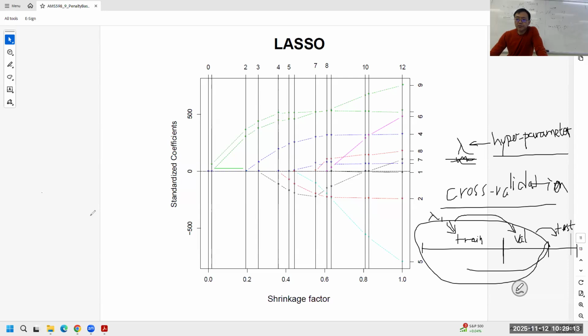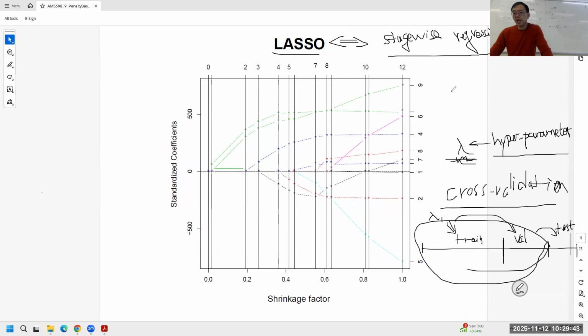Lasso regression can correspond to another method called stage-wise selection, or stage-wise regression. Lasso regression is indeed one type corresponding to this so-called selection process.